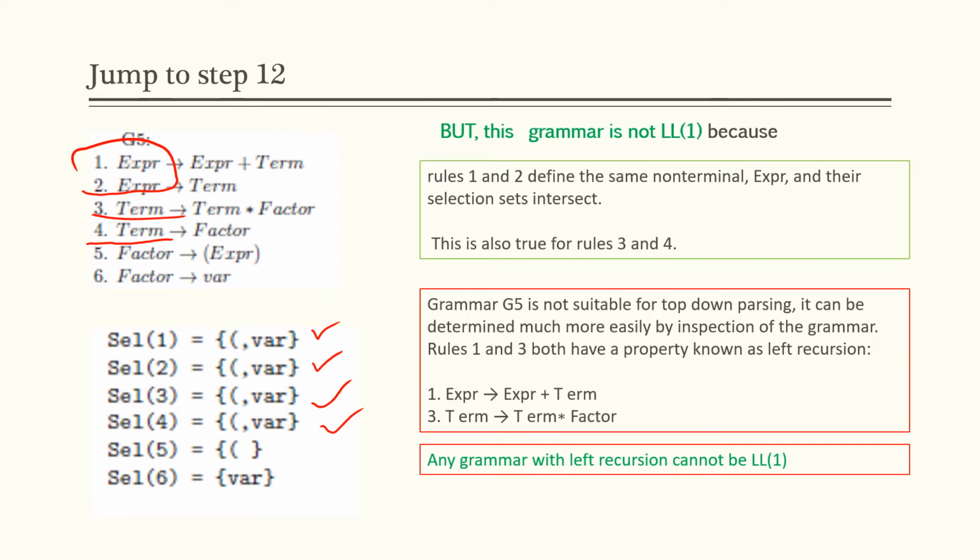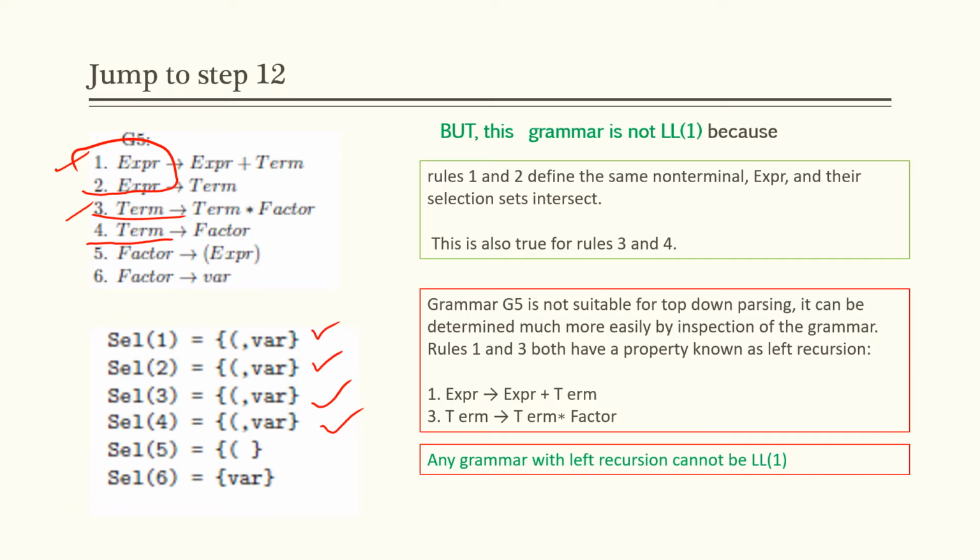So grammar G5 is not suitable for top-down parsing, and it can actually be determined much more easily by inspecting the grammar itself. Let's look into grammar 1 and grammar 3.